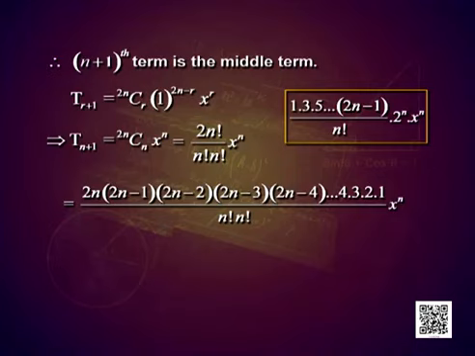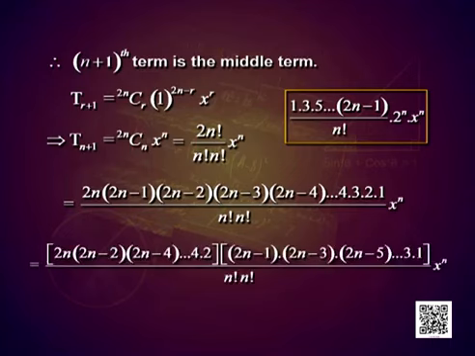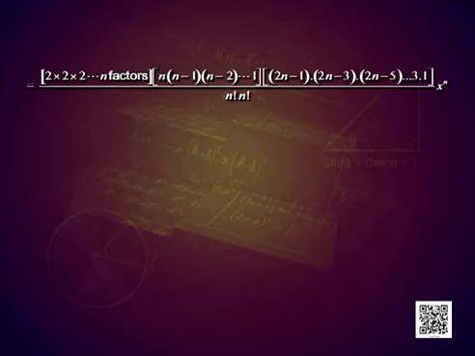Now, intuitively you can possibly react and say, well, out of 2n, 2n minus 2, 2n minus 4 going up to 4 into 2, 2 is common from each term and there are n such factors. So, if I take 2 common out of each of these factors, in other words, I am writing 2 into 2 into 2 how many times? N times. And what am I left with?